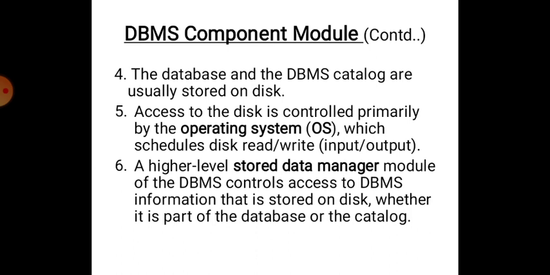Access to the disk is controlled primarily by the operating system, that is OS, which schedules disk read-write input output. Point number 6. A higher level stored data manager module of the DBMS controls access to DBMS information that is stored on disk, whether it is part of the database or the catalog.